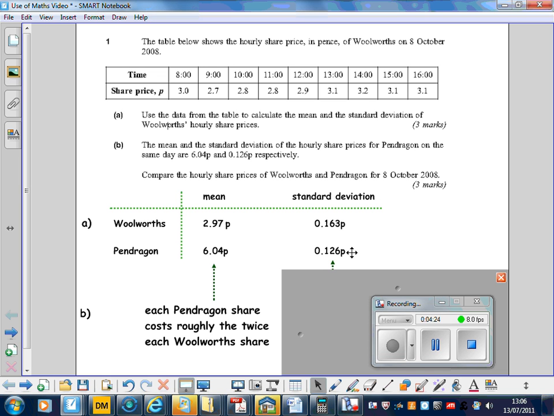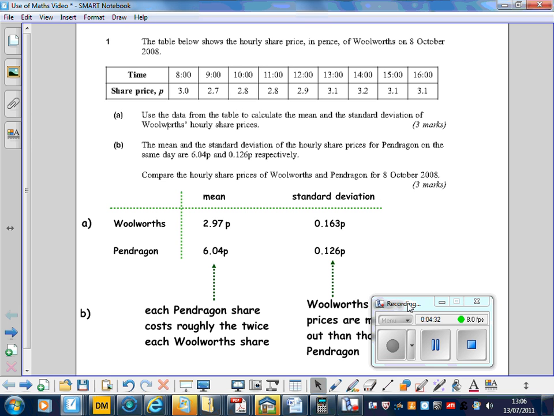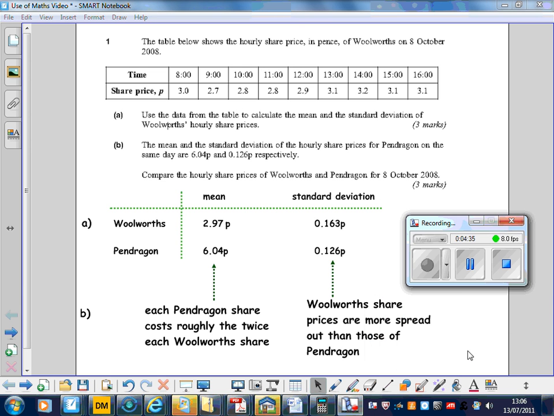Okay, and so we can mention that it's higher, but it's also worth actually mentioning the fact that the standard deviation measures spread. Okay, so our final 2 marks for this question, Woolworths share prices are more spread out. Do you use the word spread out than those of Pendragon?